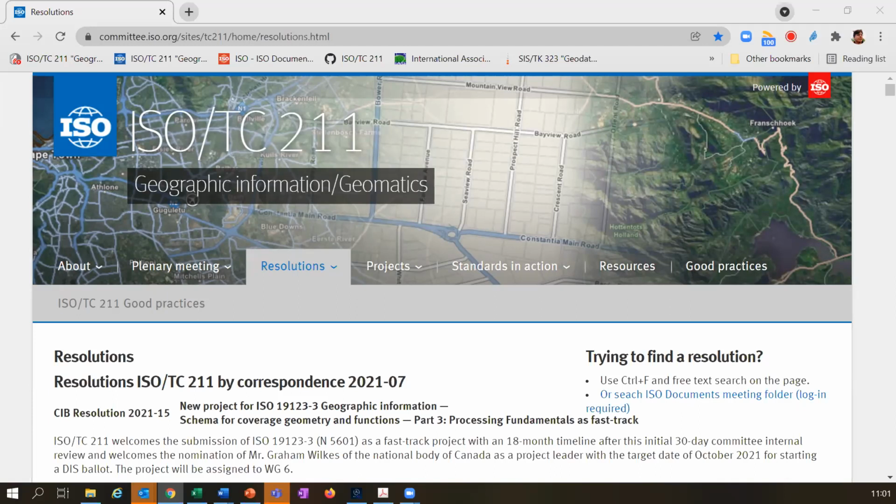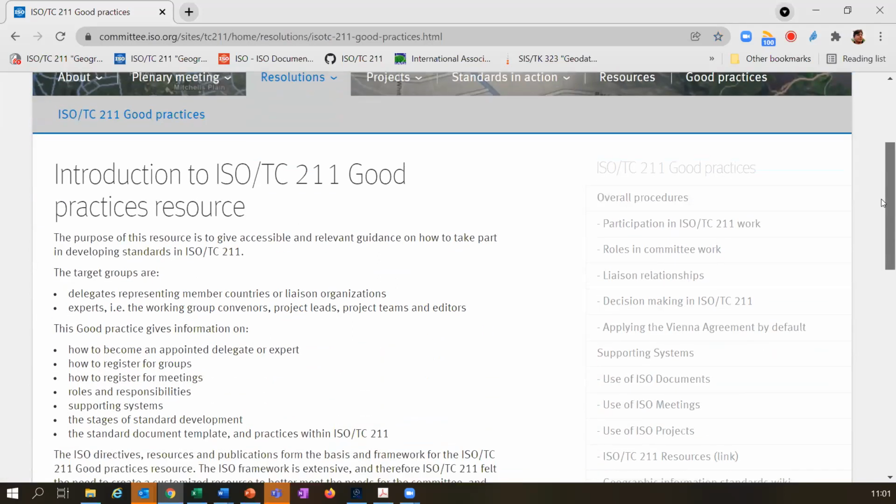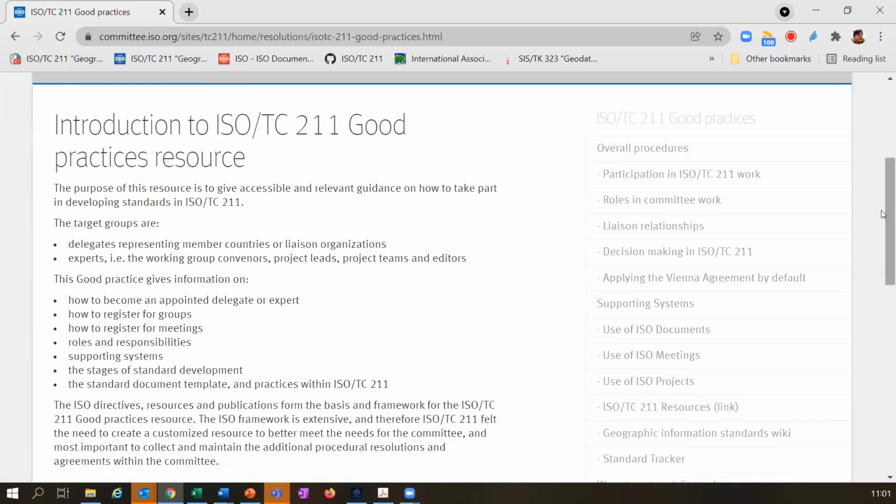Quite early in that process, we came to the conclusion that it's not that easy to understand all of our resolutions by themselves if they are not also in connection with the ISO directives. Now the ISO directives is very long and a lot of information as well.